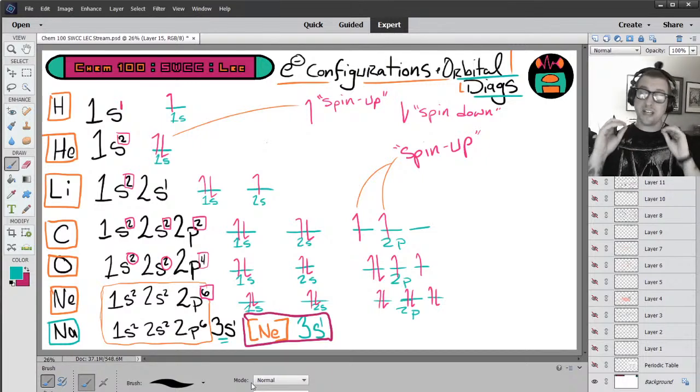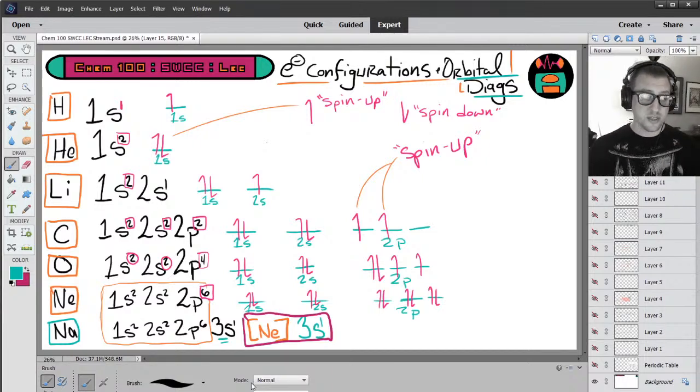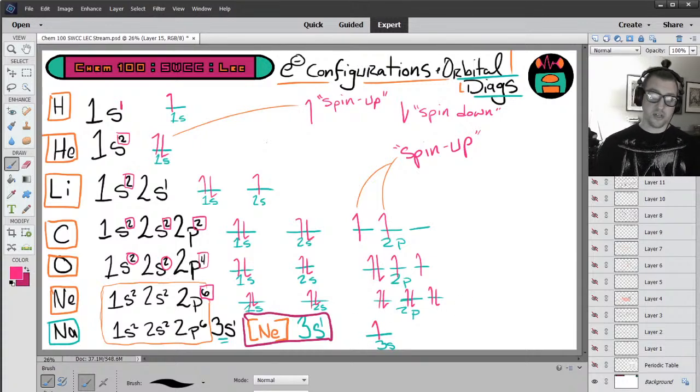All we care about are the valence electrons, because the valence electrons control the reactivity and the behavior of the molecule. So for the orbital diagram, just do the valence electrons. Valence electrons wise, for sodium, we just have 1 electron in our 3s orbital. So that is the orbital diagram for sodium.